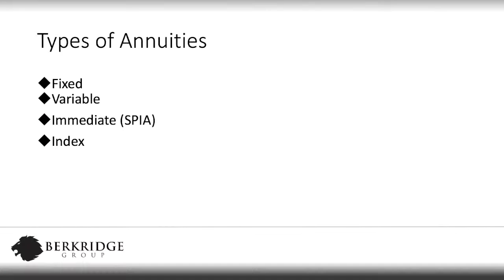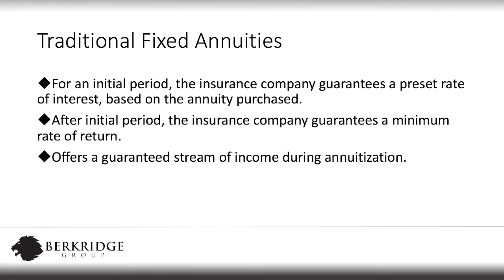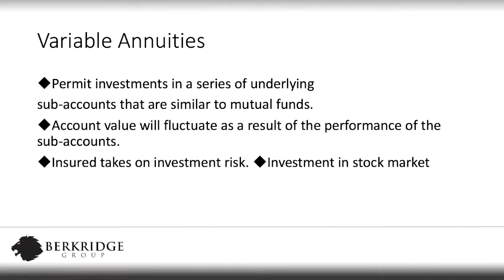So, types of annuities: we have fixed, variable, immediate, SPIA, and indexed annuities. Traditional fixed annuities have, for an initial period, the insurance company guaranteeing a preset rate of interest based on the annuity purchased. The bottom line, they offer a guaranteed stream of income during annuitization.